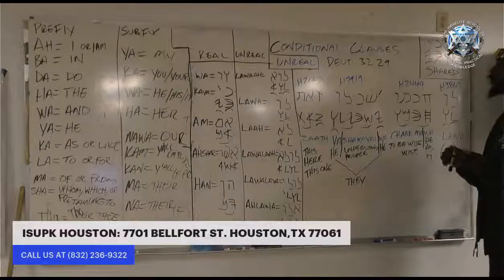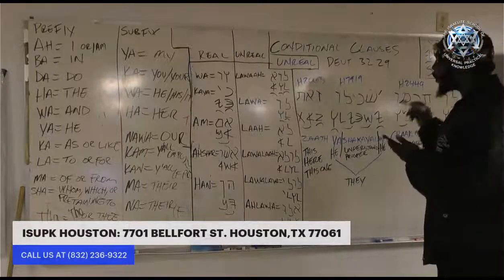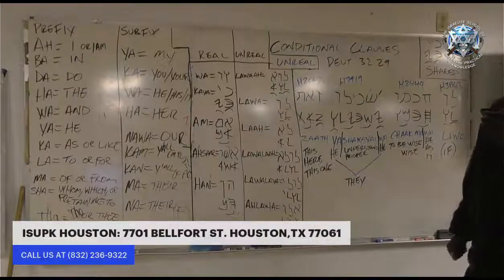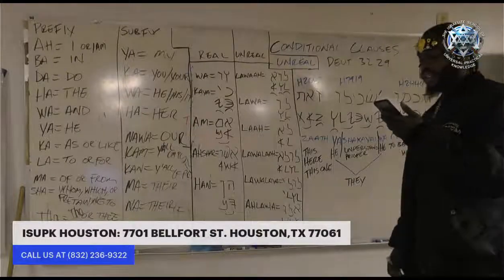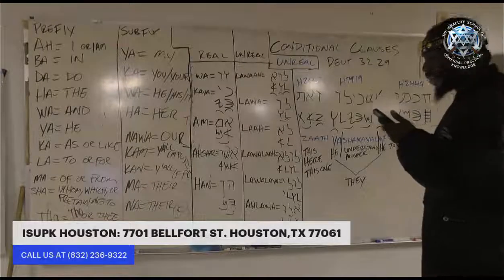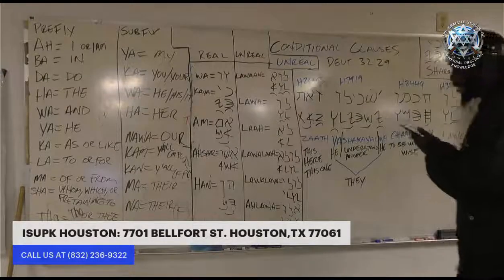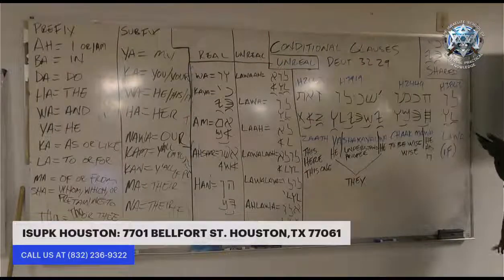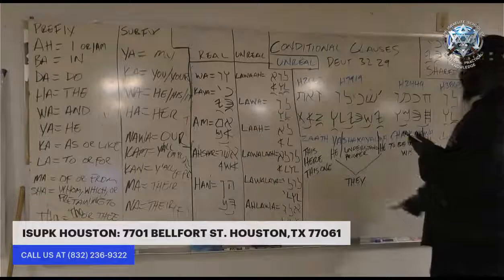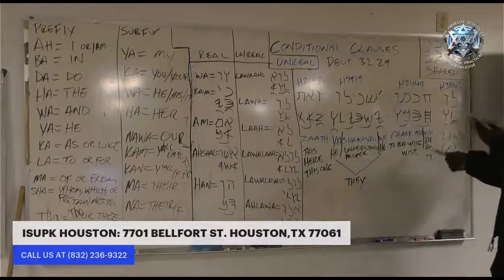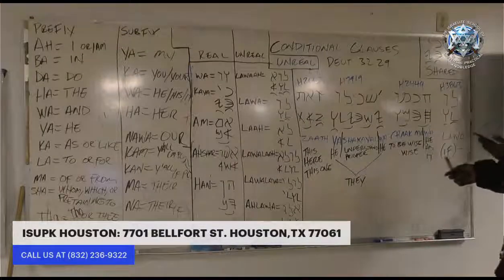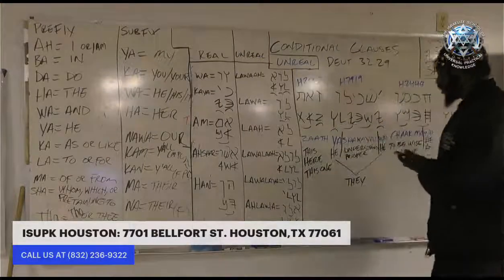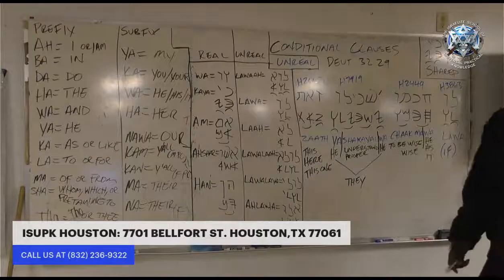This is Deuteronomy 32:29: Oh, that they were wise, that they understood this, that they would consider their latter end. So, oh, that they were wise. So, if they were wise, that they would understand this. Literally translates to the same thing.